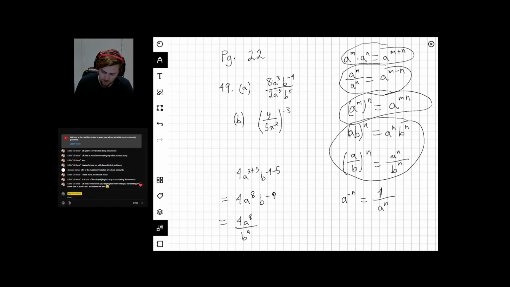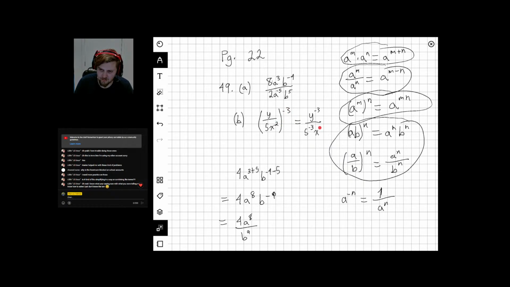Okay, what about b? Well, we're just going to distribute, and we're going to get y to the negative 3, 5 to the negative 3, x^2 to the negative 3.